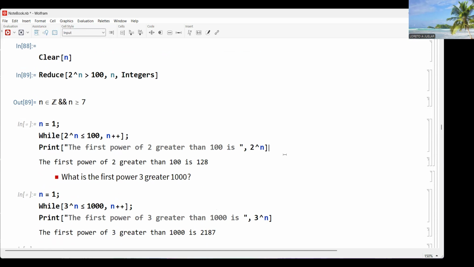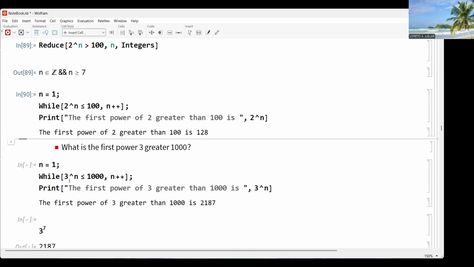Right. What is the first power of 3 greater than 1000? So this should be greater than 1000.